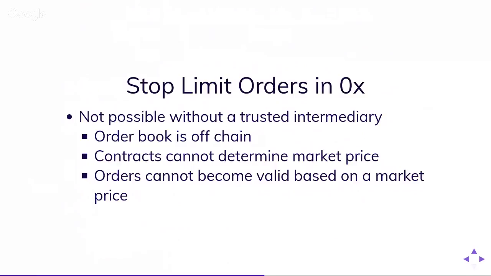All of the orders that are available of who is trying to buy and sell what are kept off the blockchain, and they are not visible from an on-chain contract. This means that orders cannot become valid based on a market price. So absent the market price, you can't really do stop limit orders in 0x without a trusted intermediary.